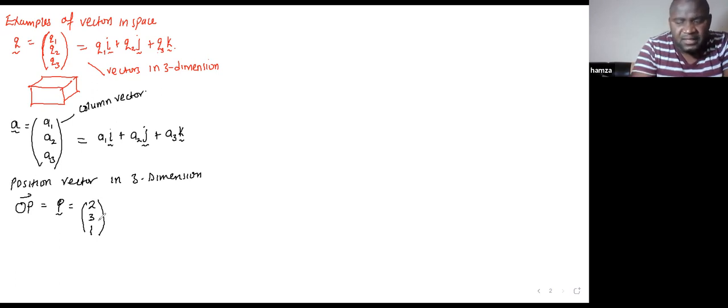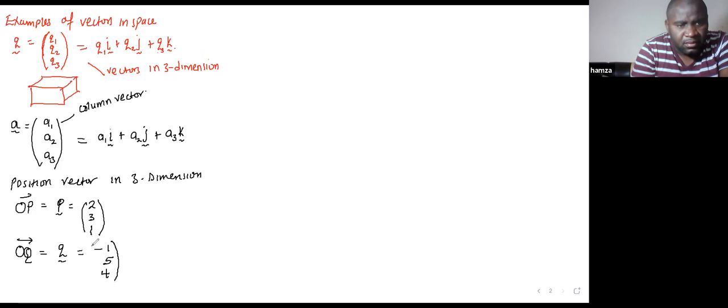You have a position vector OQ, which is described by small q, and perhaps it's -1, 5, 4. Maybe you have a position vector OR. This position vector is -1, 0, 4.